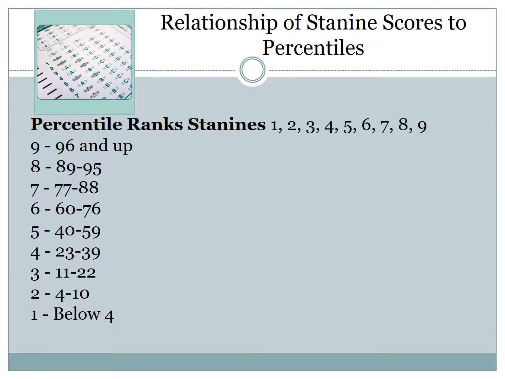It's possible to have stanines 1, 2, 3, 4, 5, 6, 7, 8, 9. In looking at this list, you can see at the bottom a stanine of 1 would translate to a percentile rank below 4. So that's pretty low.